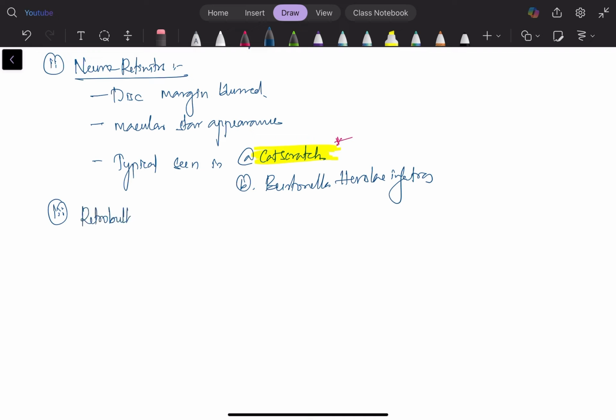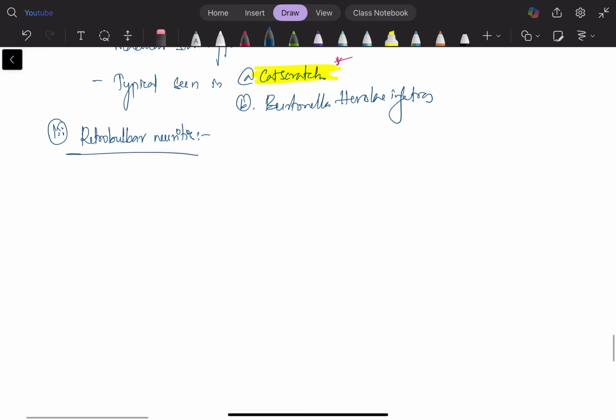Okay, then we have the retrobulbar part. As usual, but not as usual. Every time it won't go the same with the disc margin. They are describing something in these medical science topics. If they are taking some topic as normal or abnormal continuously, there should be some exception, right?